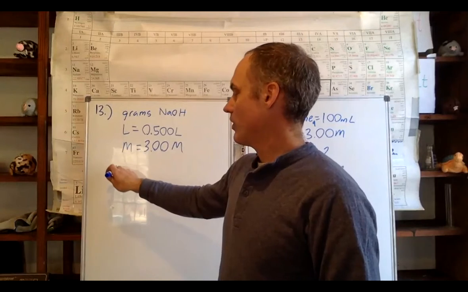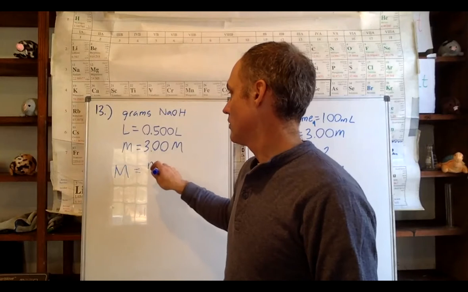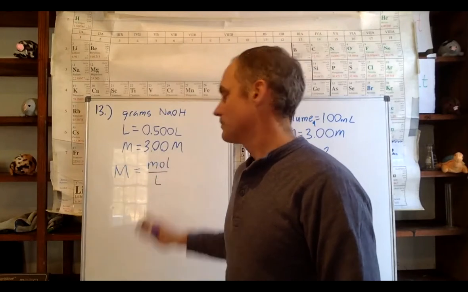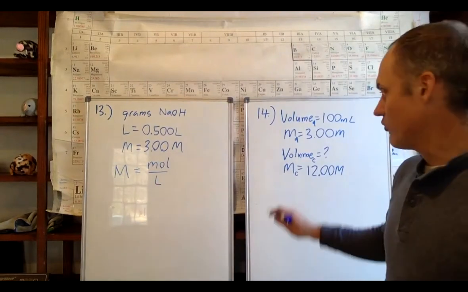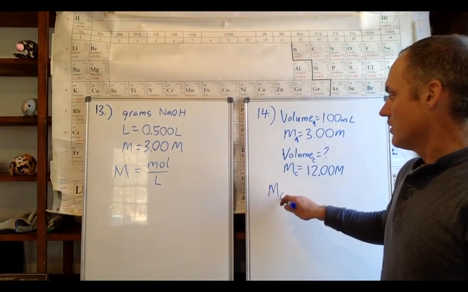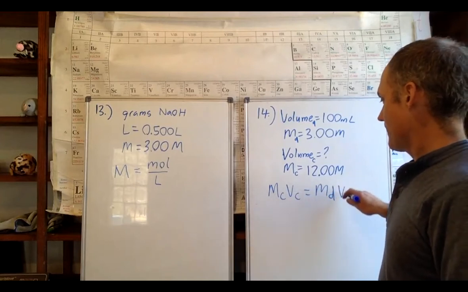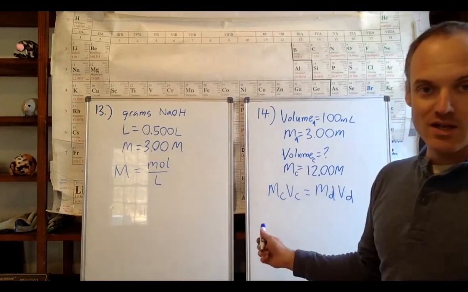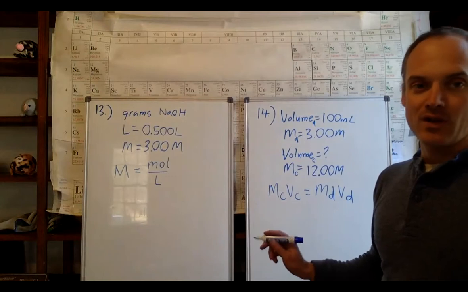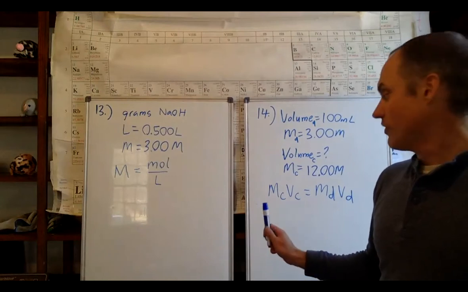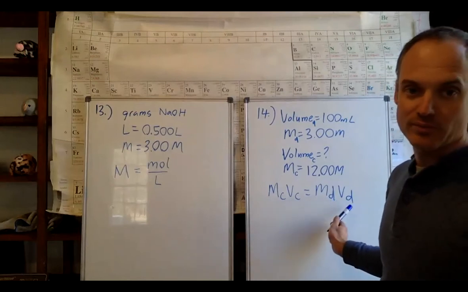In number 13, we're going to use molarity is equal to moles over liters. And for 14, we're using the other equation, which is MCVC is equal to MDVD. The C's stand for concentrated, and the D's stand for dilute.